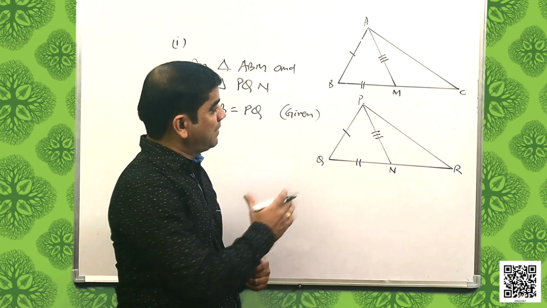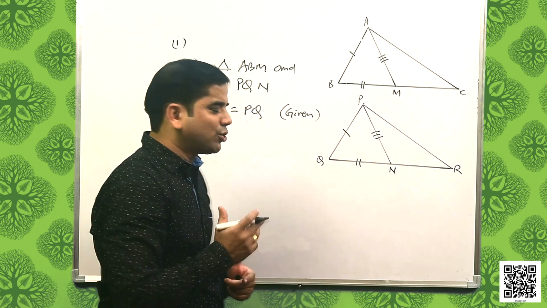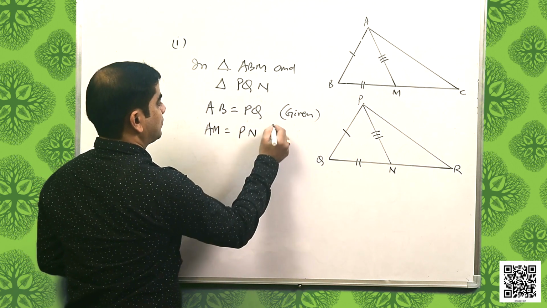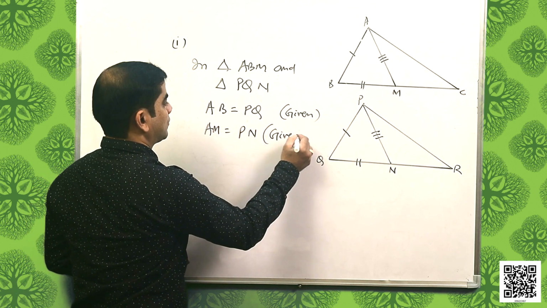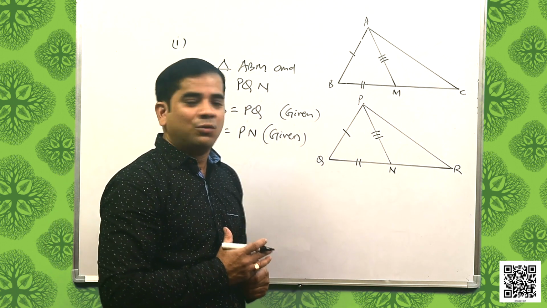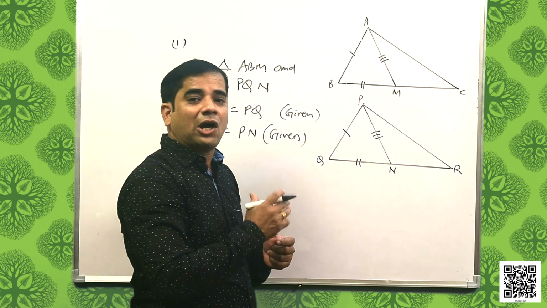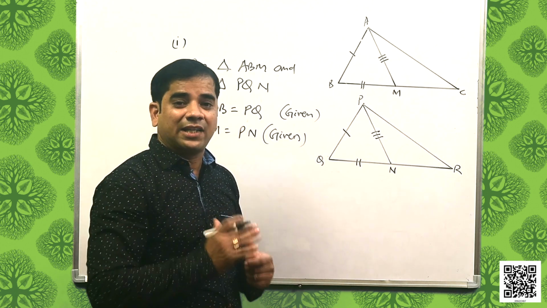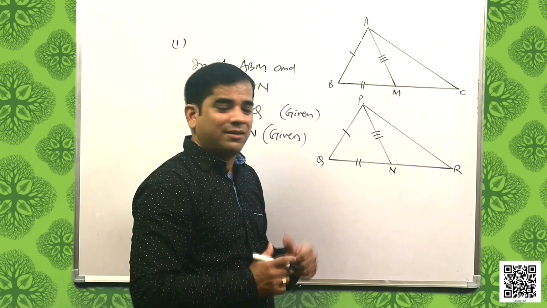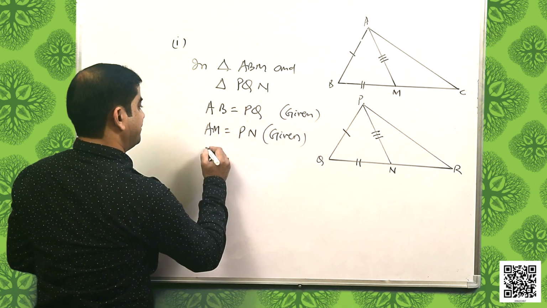Again, AM is equal to PN, it is also given. Fine. So we have now two data for the congruency purpose, but we need another. What else? That is BM is equal to QN, as we have proved it.